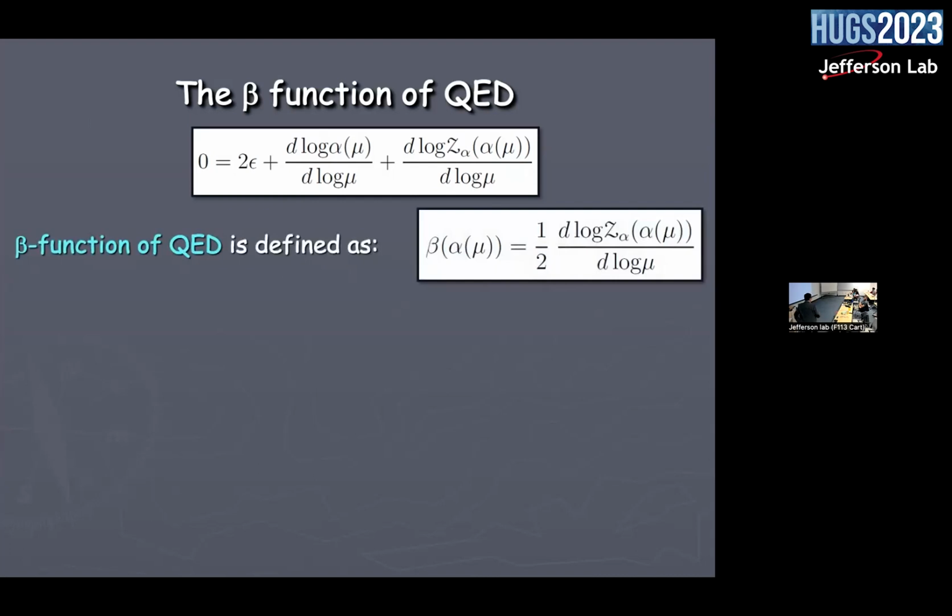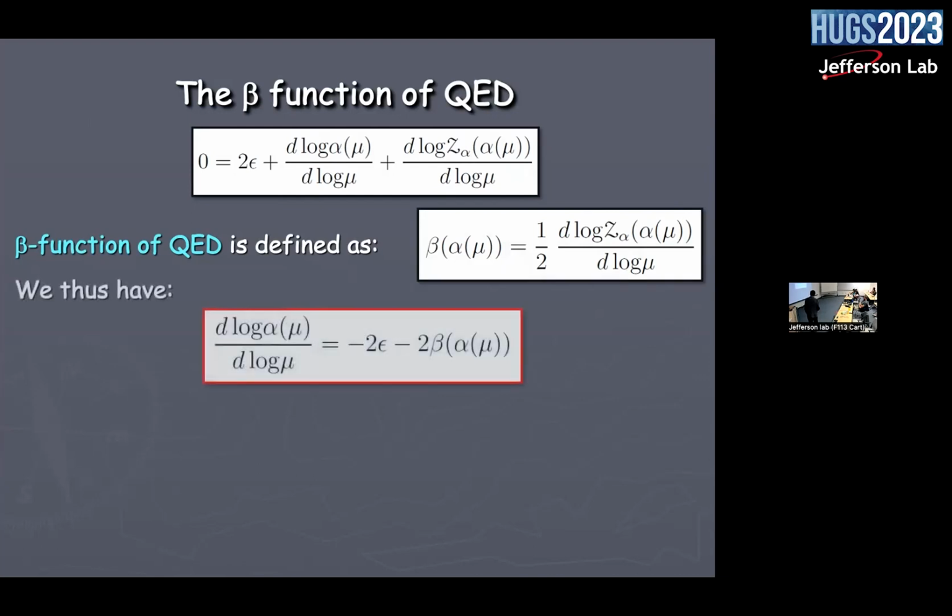Many people would have seen this, and if you haven't seen it, I'll come back to the significance of it later. We define the beta function of quantum electrodynamics, and it is defined as how this Z varies with the scale that we had introduced, the mu scale. It's 1 over 2 d log Z alpha over d log mu.